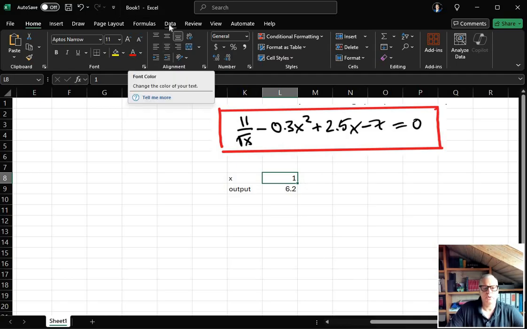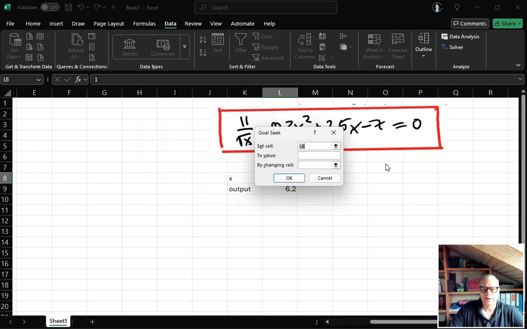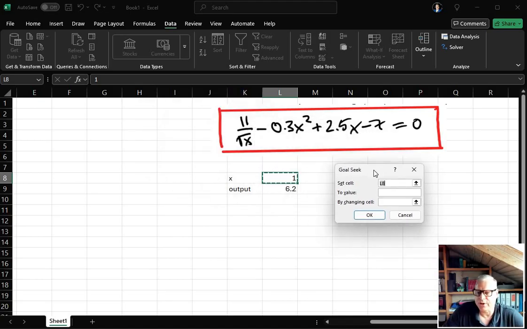So the way to do it is we go to Data, then What If Analysis, GoalSeek, and then it becomes straightforward. It asks you to set the cell. That's the output cell, so that is here cell L9.